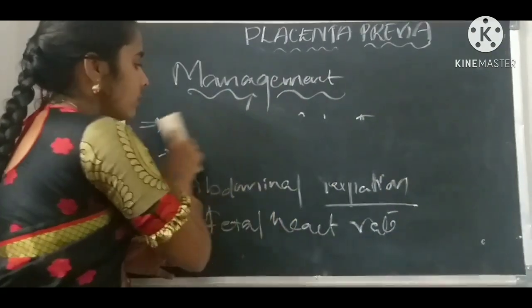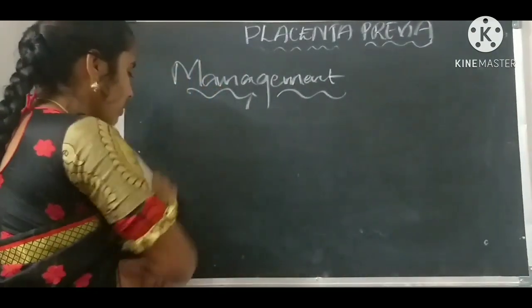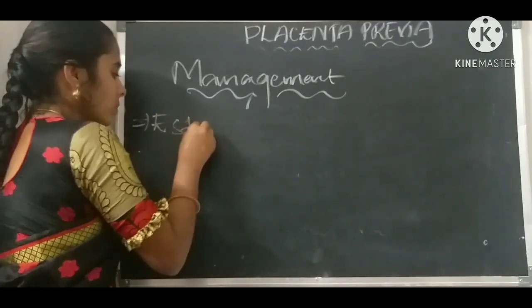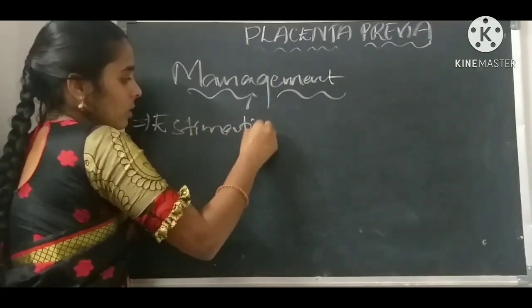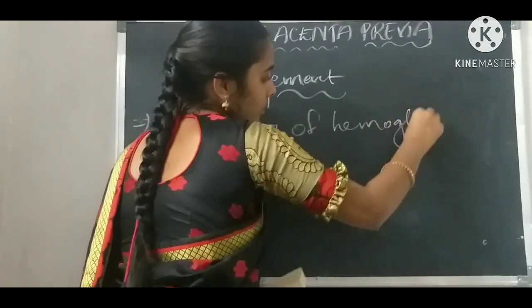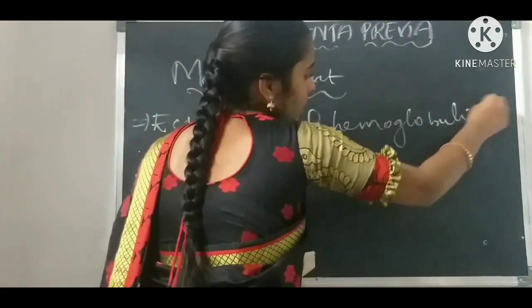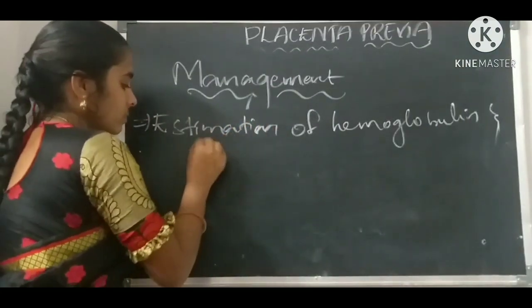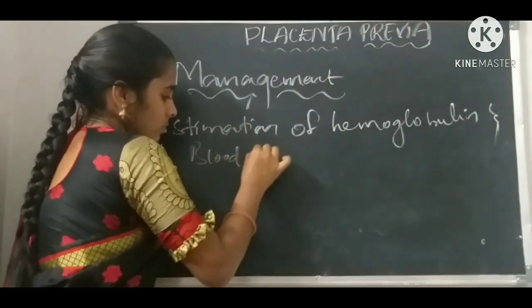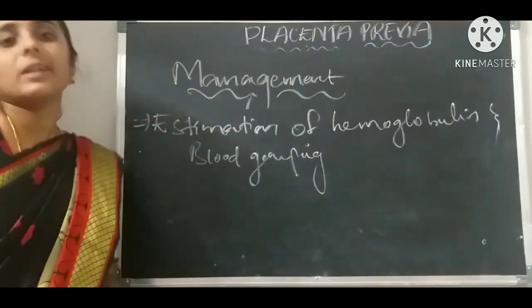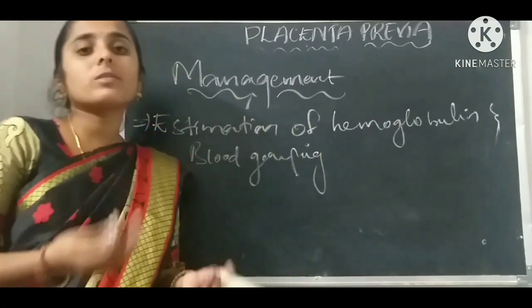And the next one is estimation of hemoglobin and blood grouping. Hemoglobin level and blood grouping. In placenta previa the blood loss is severe.